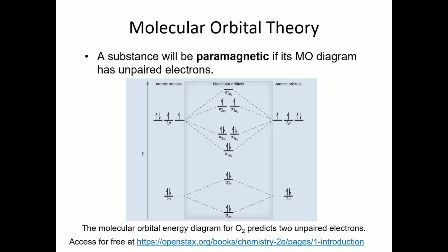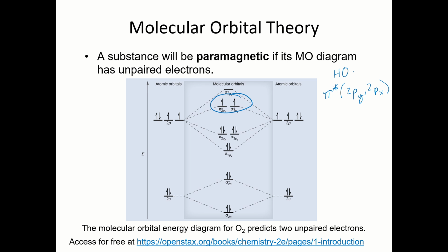Now, in an example of 2 oxygen atoms that come together, here you're going to have 2 unpaired electrons in the highest molecular orbitals. Your highest molecular orbitals in this case would be an anti-bonding pi orbital, the pi 2py and the pi 2px.